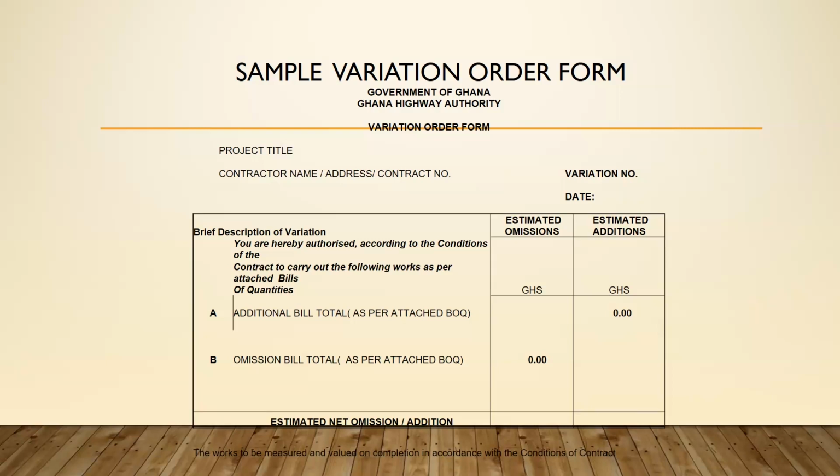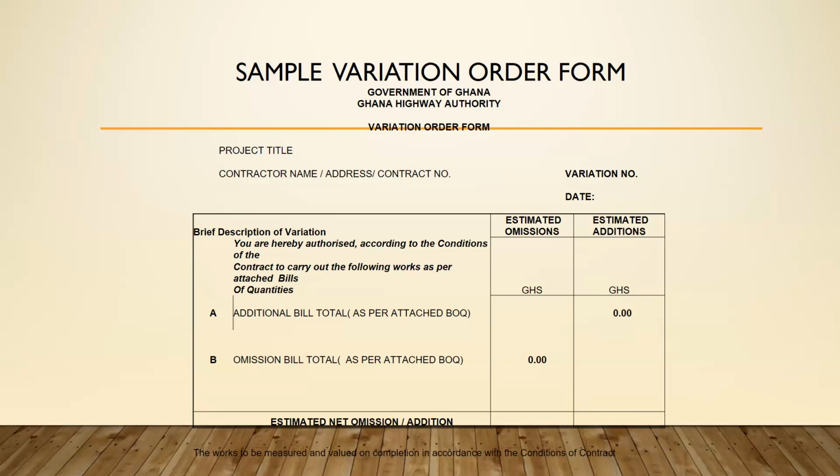The form is in the form of a table where we have the description column, and then the estimated omission column, and then the estimated addition column. And when you carefully look at it, the additional bill totals are grouped.